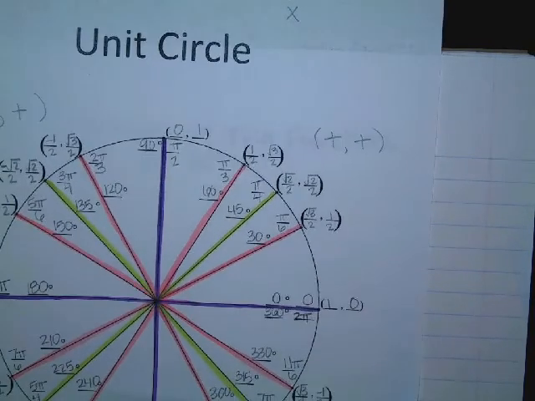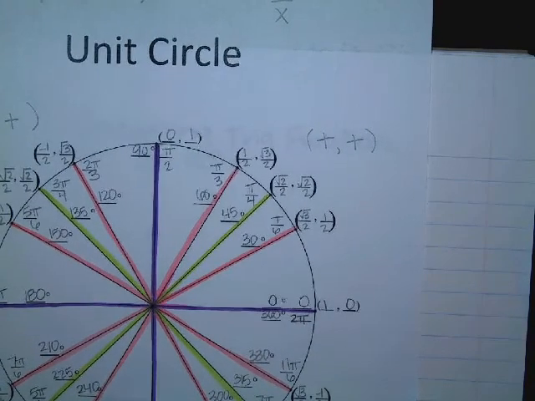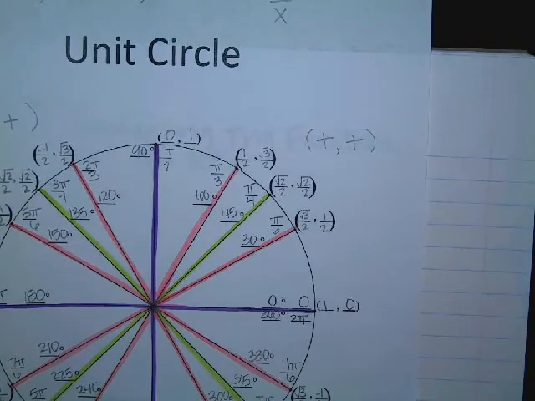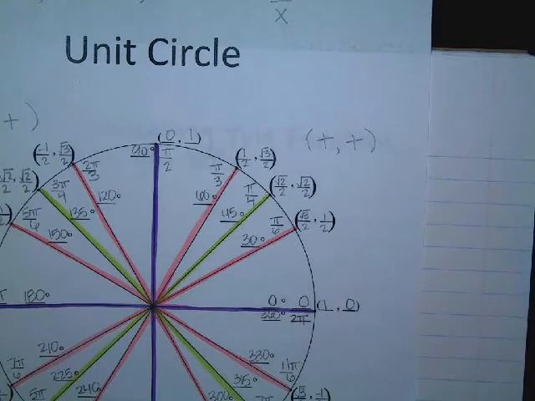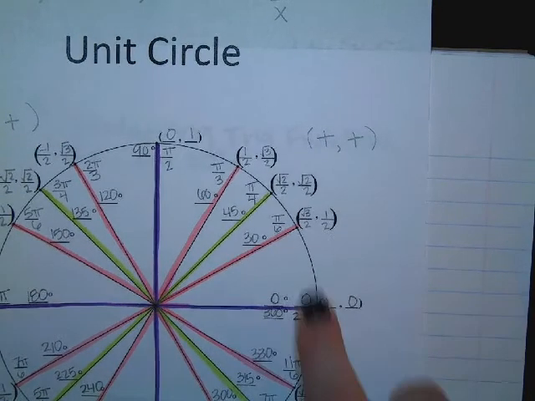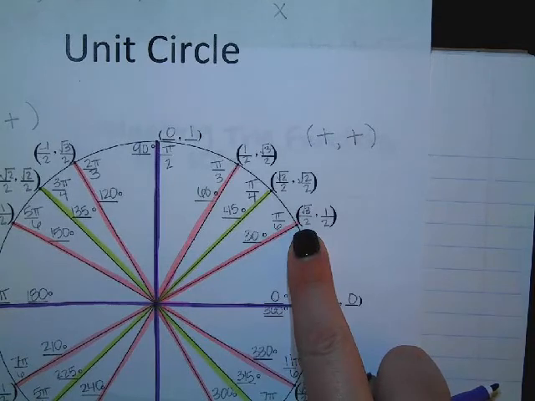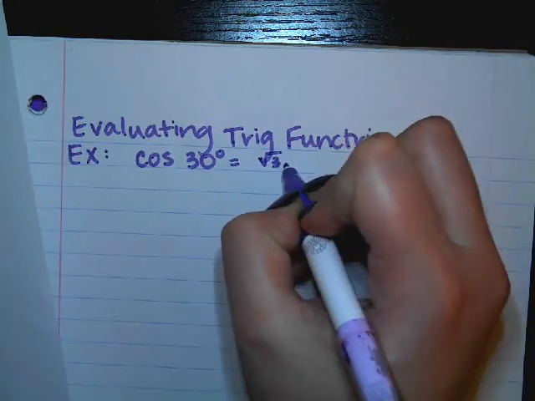I'm going to find 30 degrees, and I'm going to look at the x coordinate because this is cos, and I'm just going to write it down. So what is my answer? Root 3 over 2. Boom, done.